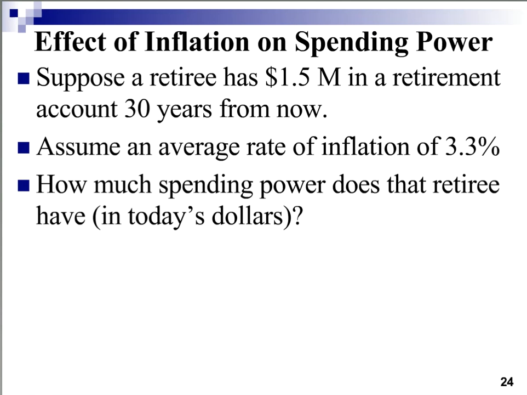As it grows over the next 30 years, it's growing in its value, but $1.5 million in 30 years won't buy you what $1.5 million will buy you today, because everything is getting more expensive. So the question is, how much will that actually buy you if you measure it in today's dollars?